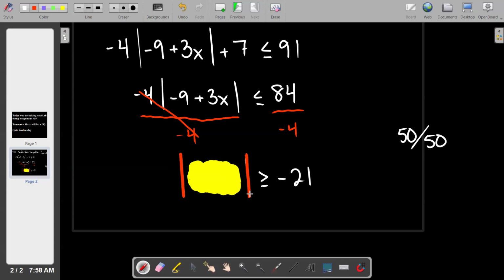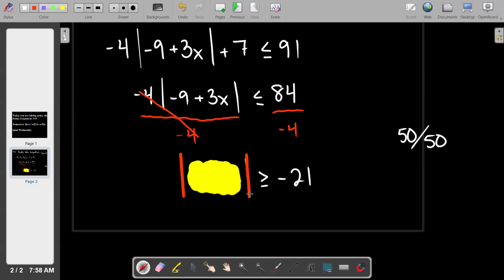What is the smallest number that any absolute value can spit out to you? 0 is the lowest it can go. It can never produce a negative number. Absolute value is a predictable little machine. No matter what you feed it, the lowest it can possibly give you back is a 0.